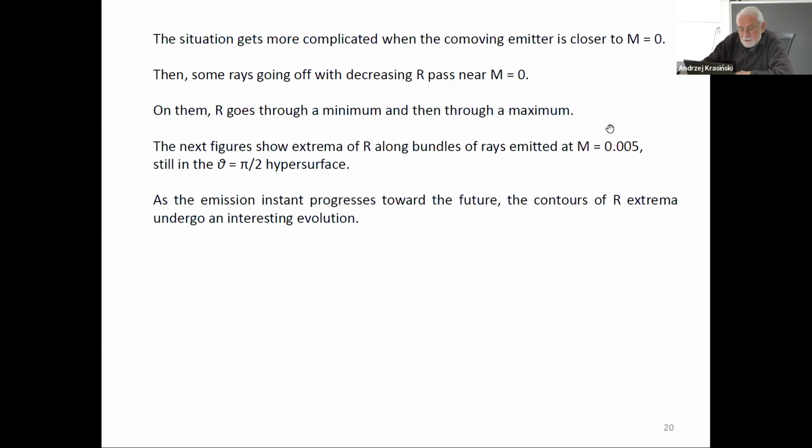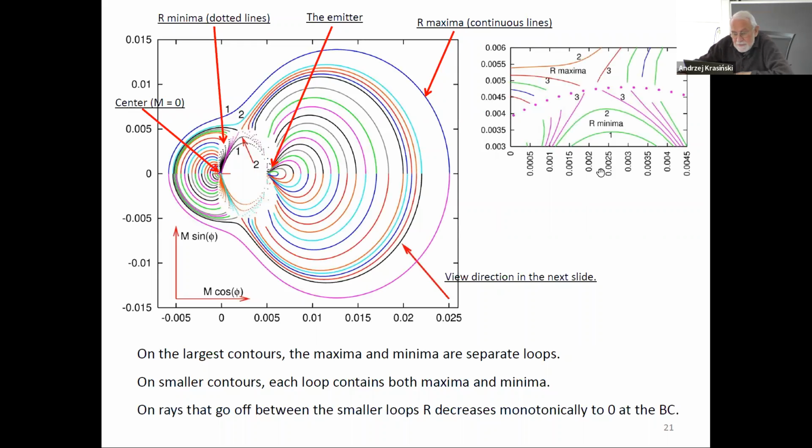So the next figure shows the extrema of R along rays that are emitted closer to the symmetry axis. Okay, so the dotted lines are loci of R minima, and the continuous lines are places where R has maxima.